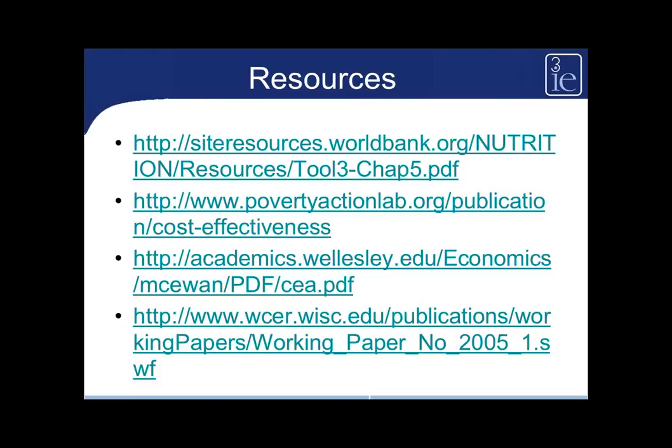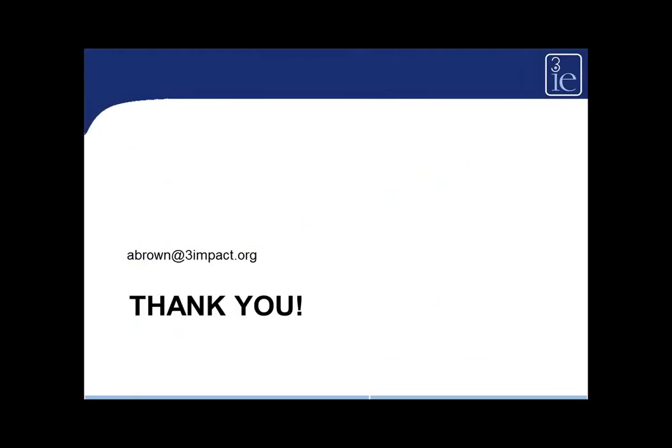The second is a J-PAL paper on cost effectiveness, so that really explains in much more detail some of the concepts that I've introduced here. The third is a paper in the Journal of Development Effectiveness, which also talks more conceptually about cost effectiveness analysis. And the final one is also a little more like a tool.